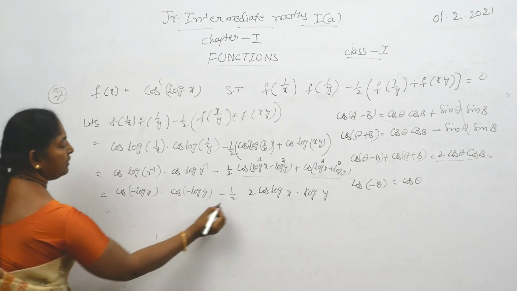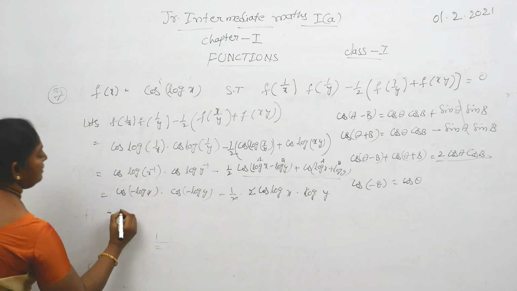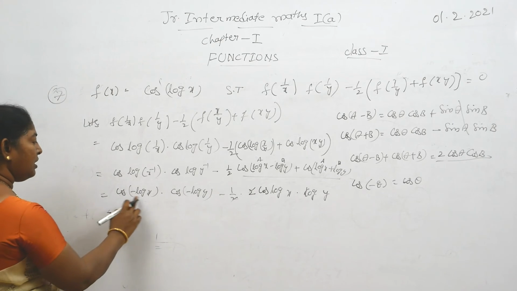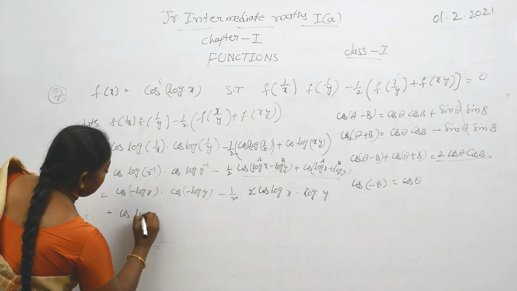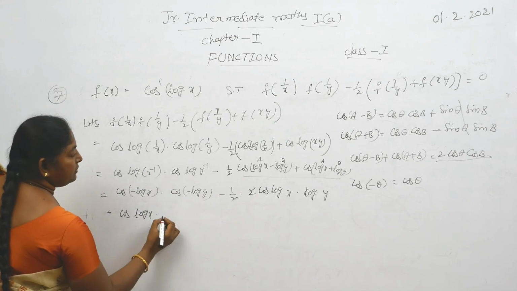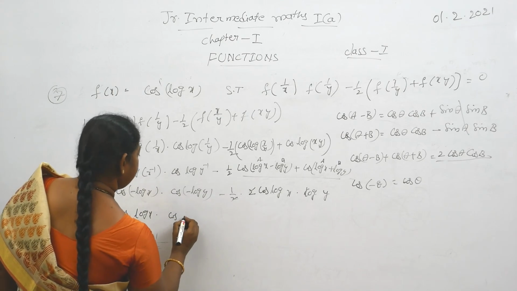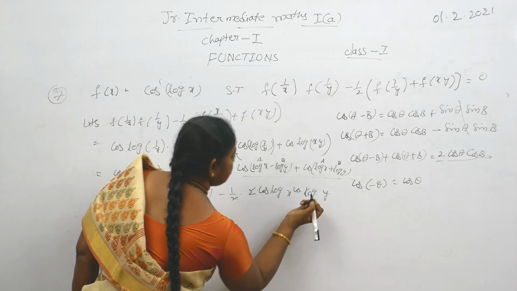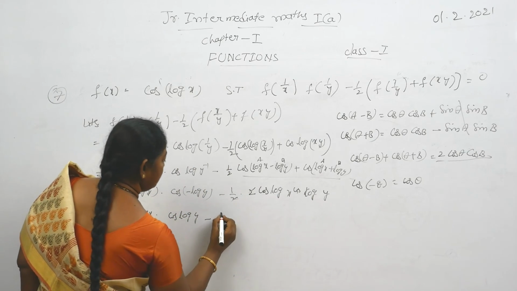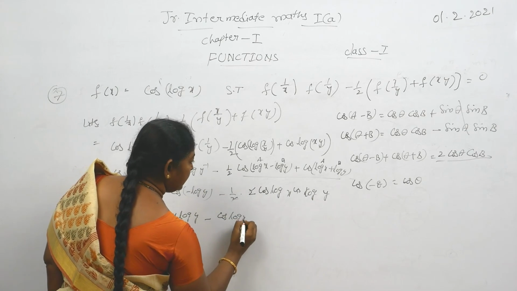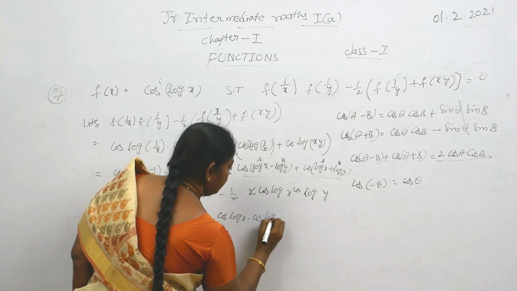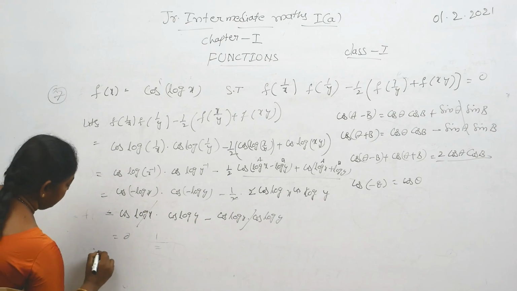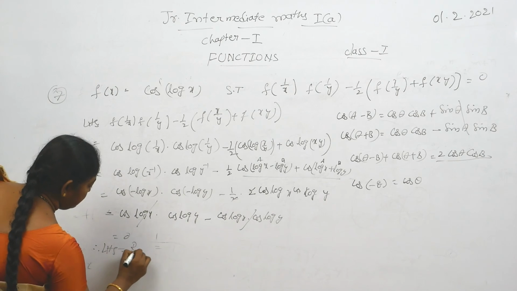So here the 2 cancels. And cos(-theta) = cos theta, so cos(-log x) = cos(log x), giving cos(log x) cos(log y) - cos(log x) cos(log y). So these two cancel, equal to 0. Therefore LHS = RHS.